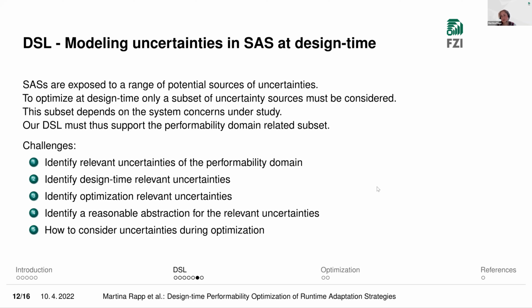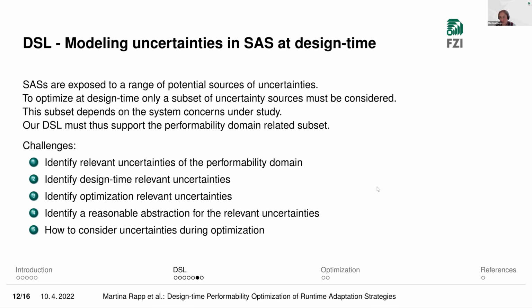So therefore, we see the following challenges. To identify relevant uncertainties of the performability domain, also to identify design time relevant uncertainties. Next, also identify optimization relevant uncertainties. And last but not least, for sure, identify a reasonable abstraction for the relevant uncertainties.